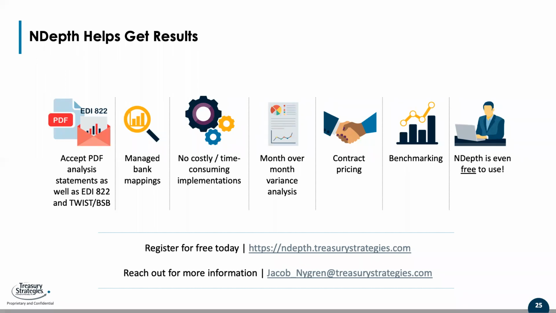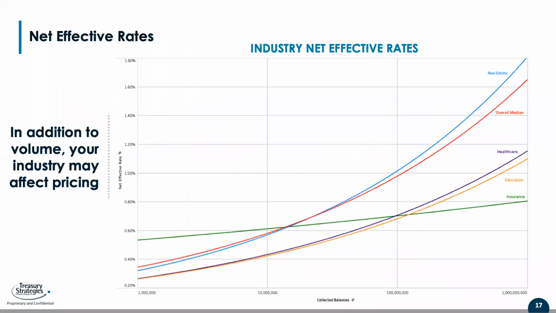Thank you. And a second question was related to the industry-specific curves, and what do those represent? Sure. Those curves, and I'll pull that back up just so everyone can see it here, represent the industry medians.